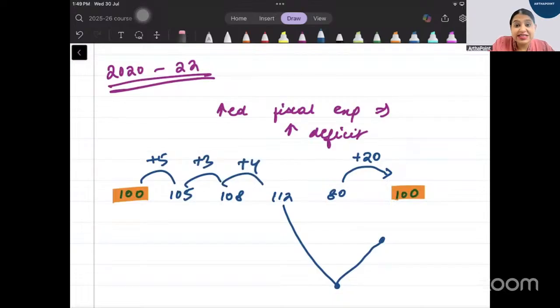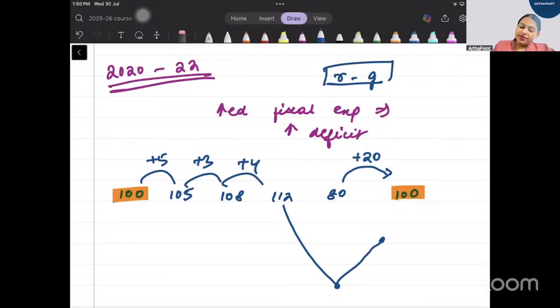So the increase seems huge, and the GDP growth rate will seem huge, although it is not that huge. You remember in debt management, we talked about R and G. So the G will seem very high here, but actually it is not. My GDP is actually low, although it may seem that the growth rate is high.